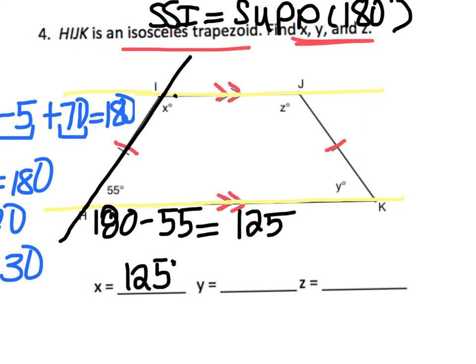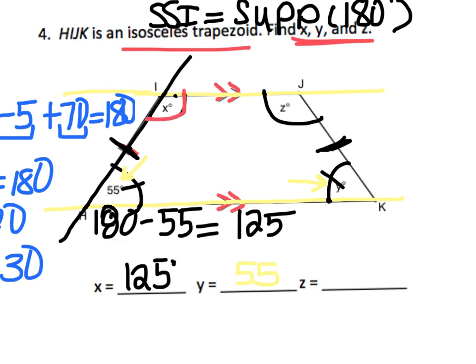Okay. The other thing that I know about an isosceles trapezoid is if it's isosceles, meaning the two sides are congruent, that means the base angles are congruent, as well as the top angles. So if the base angle down here is 55, that means Y is also 55.